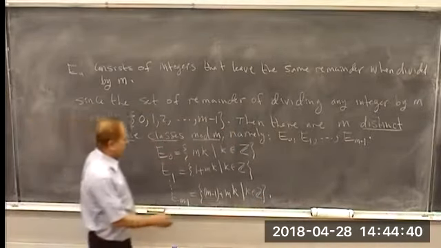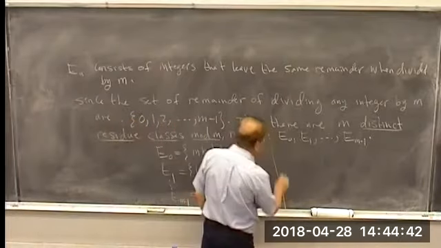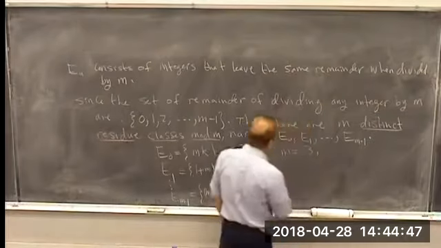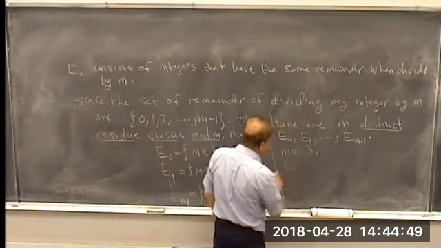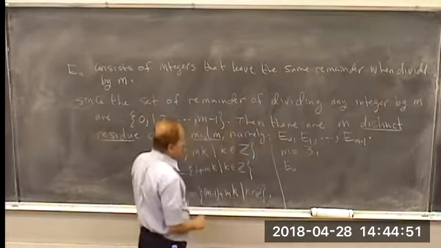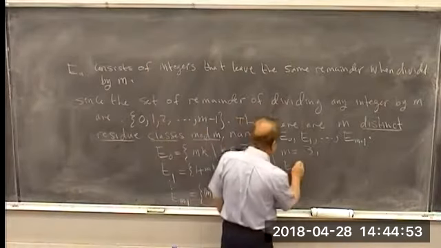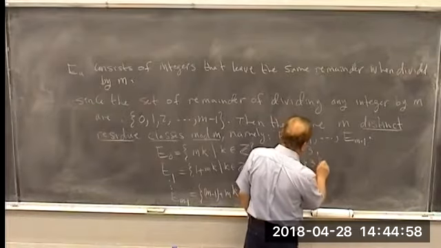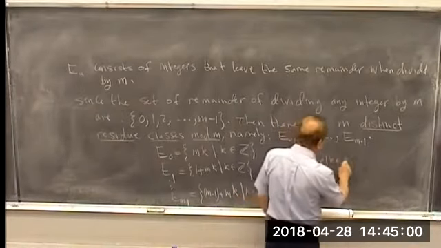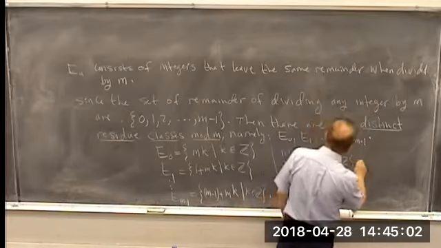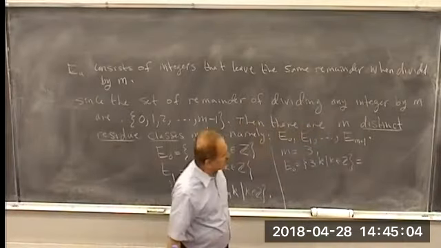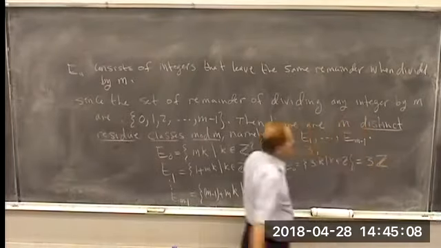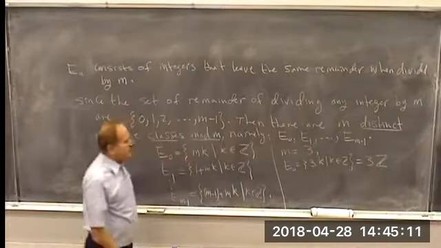So in particular, if I look at the case where m is equal to 3, then we have 3 classes. E sub 0 is going to be the multiples of 3, so we write 3k, k in Z, and I can write this one as 3Z, multiples of the integers by 3.